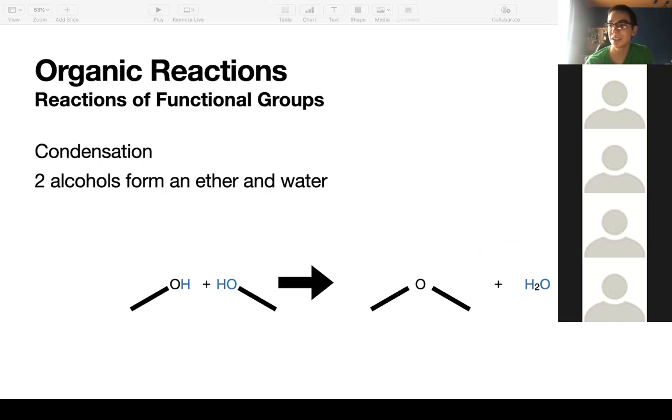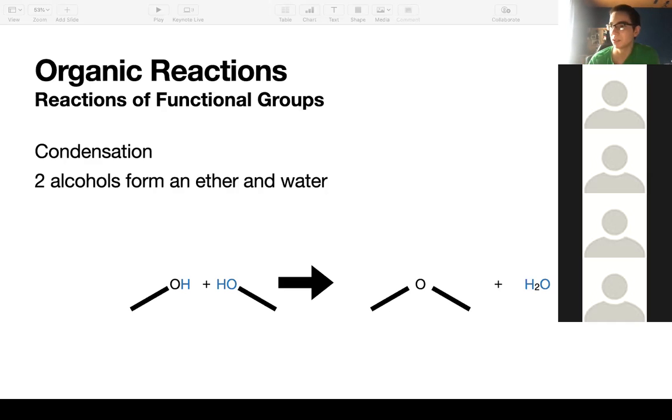So condensation, and this is reactions between functional groups. Condensation is between two alcohols to form an ether and water. So alcohols, we know OHs. I color coordinated it so it makes more sense, so you can see where everything's coming from.